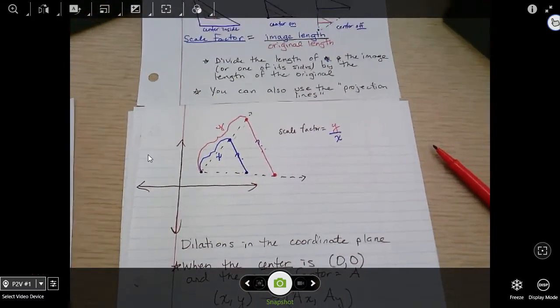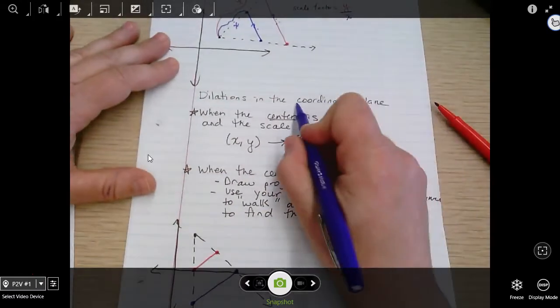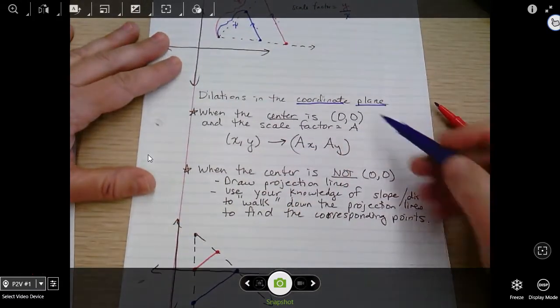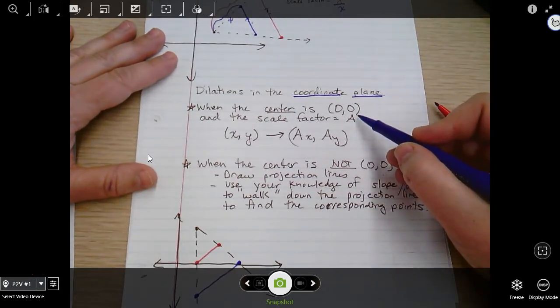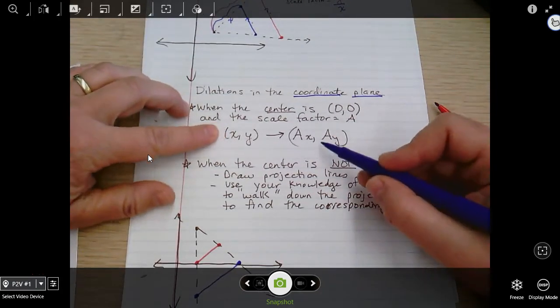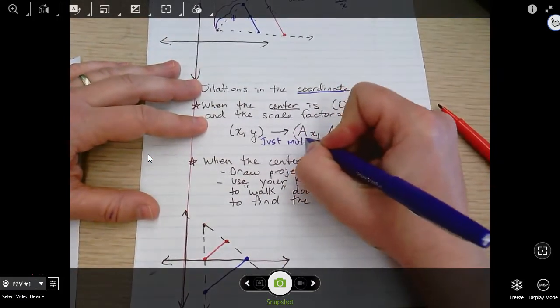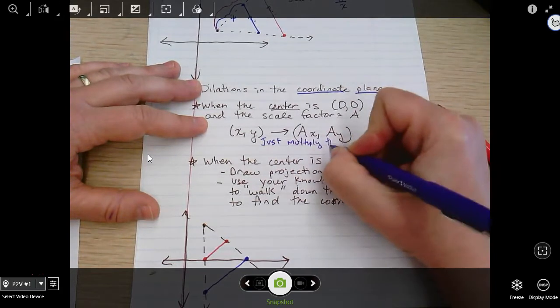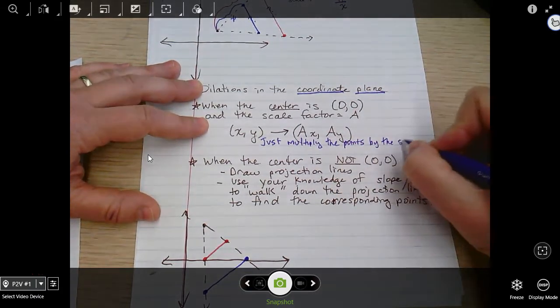All right, just a couple quick notes on dilations in the coordinate plane. When the center is 0, 0, and the scale factor is a, then (x, y) just becomes (ax, ay). Just multiply the points by the scale factor.